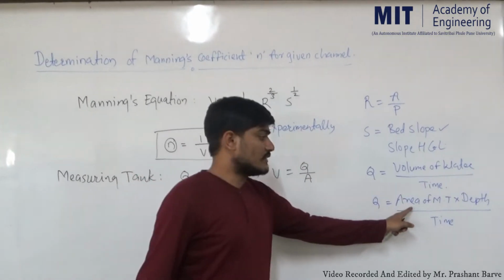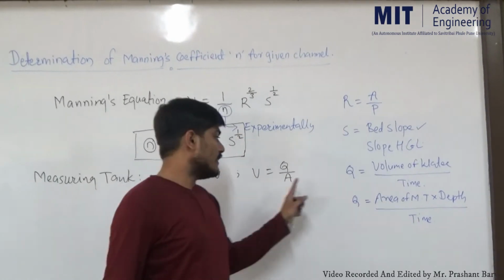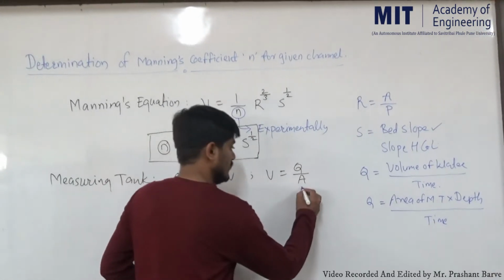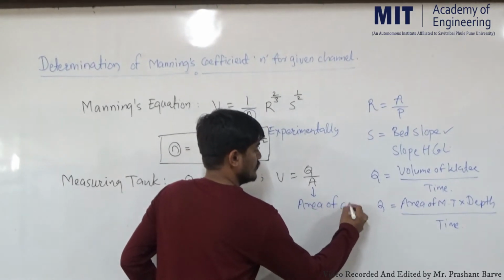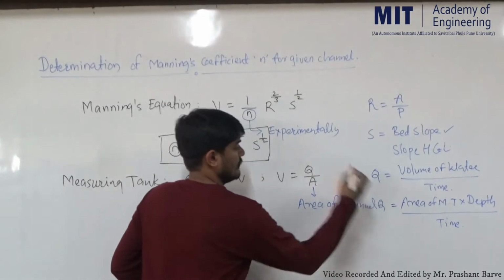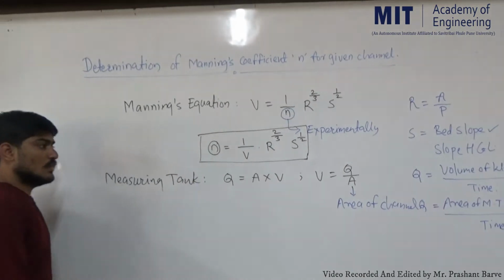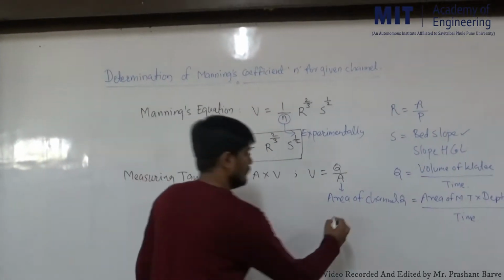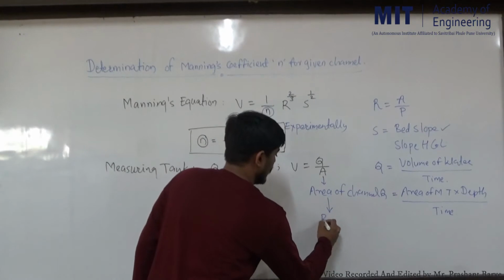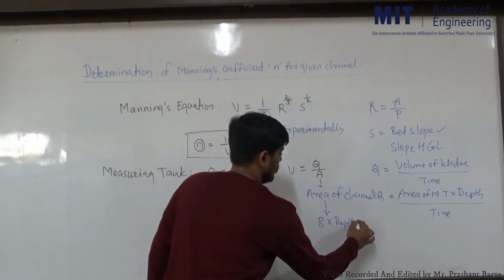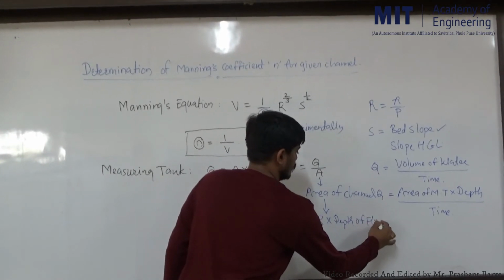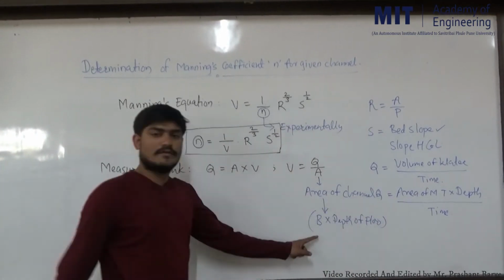Here the area in the earlier equation was the area of the measuring tank, but here the area will be the area of the channel. Please remember, this is the area of the channel. How do we determine the area of the channel? We can do width into depth of flow, where B is the width of the channel.